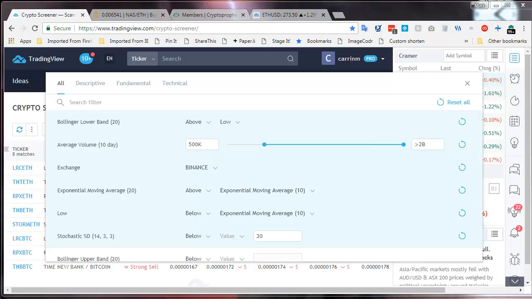So if we run through quickly what these ones are, the lower Bollinger Band needs to be above the low. So basically it means that price has now broken down below the band. I have tweaked this average volume, moved this a little bit this way, to reduce the number of small coins we're looking at.